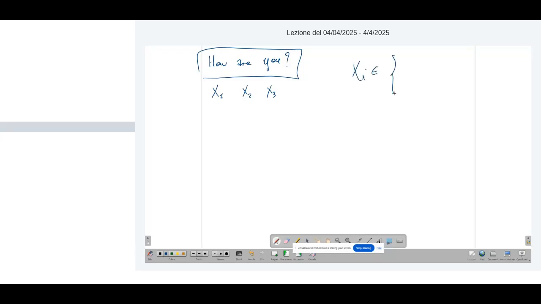Xi can take a value in all the possible words for that language or for that topic. So we will have a set that contains all possible words, the dictionary that represents the possible words that can appear in our document. And each word of my document will be represented as a token that can take one of these values.